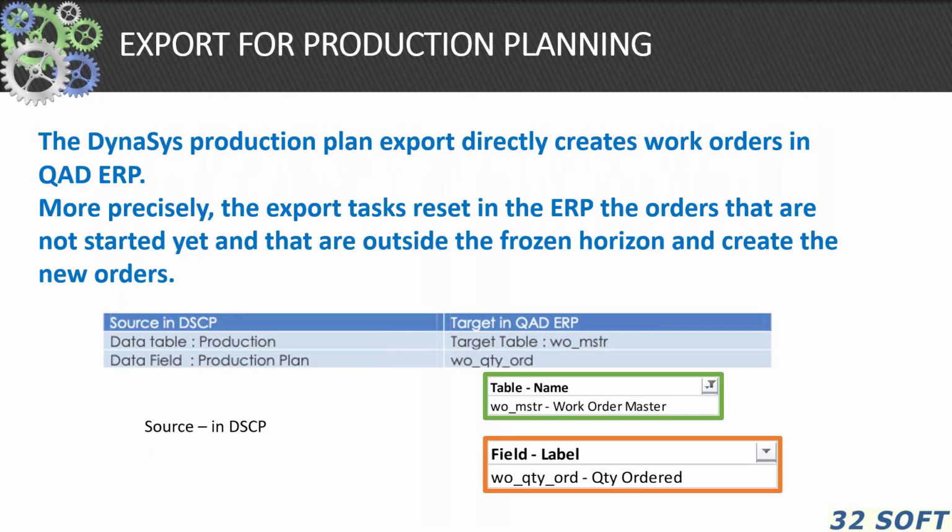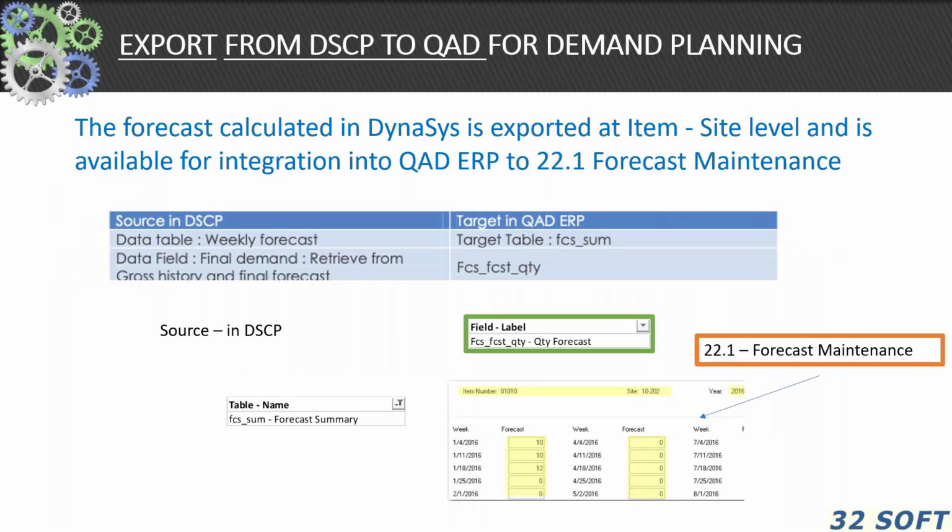The Dynasis production plan is exported directly and creates planned work orders in QAD, or more precisely, the export task resets the ERP orders that are not started yet and are outside of the frozen horizon.